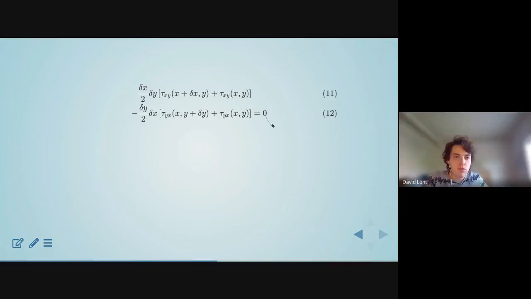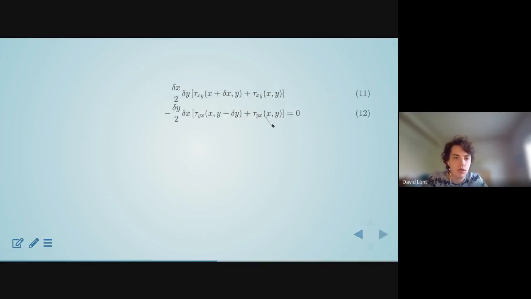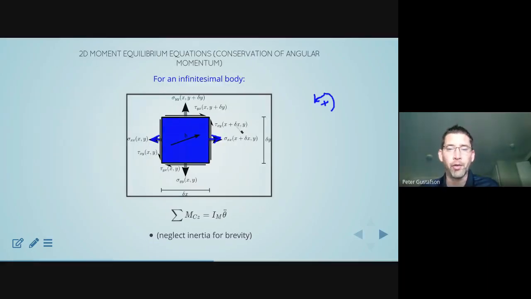Why do we have to multiply times partial y, the tau, in the first equation, and likewise in the second equation? Yeah, so the other students suggested it. I forget who gave us that answer, but the force is a differential area. So in this case, tau xy times dy times the unit depth. Okay, we can't forget that unit depth. So dy times the unit depth is an area times a stress, that's a force.